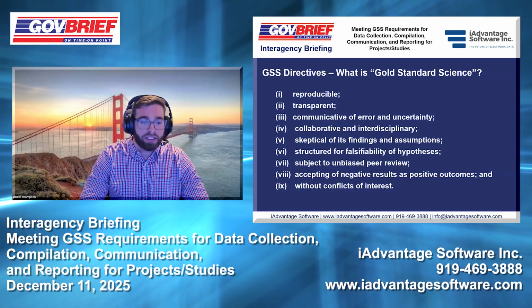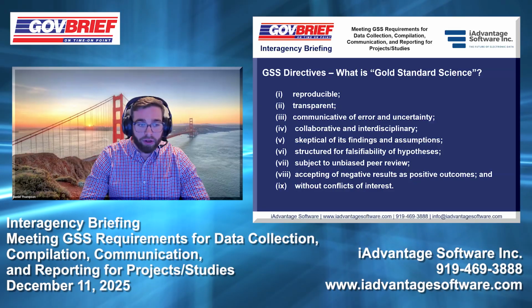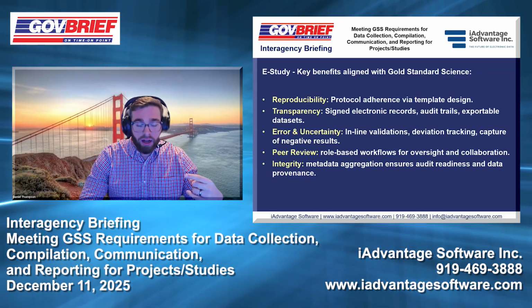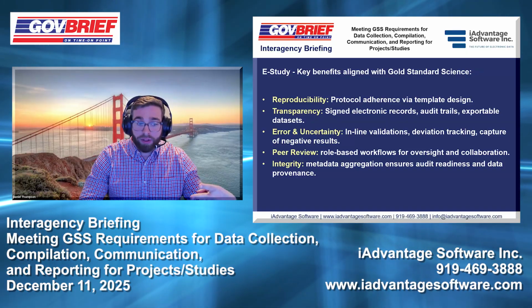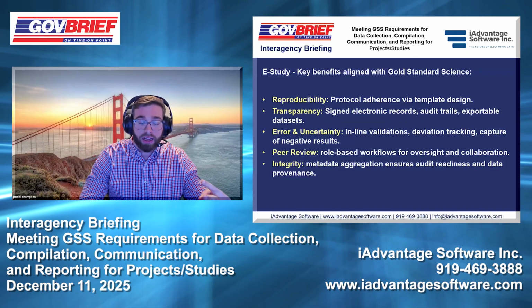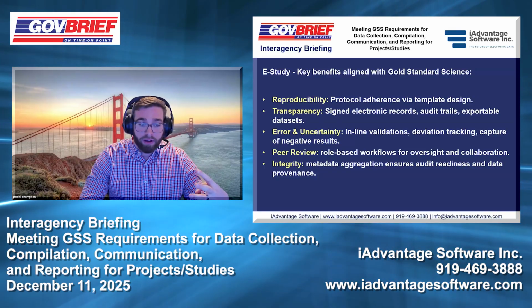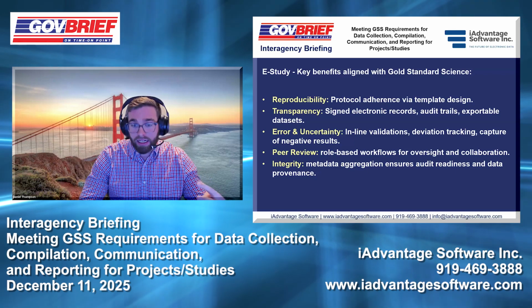Yeah, so the ones that stand out to me are the ones that have the most overlap with GLP or good laboratory practices, which is data that's reproducible, being transparent with the data, making sure that you're capturing any errors and uncertainties, having the availability to peer review, and also having strong data integrity.